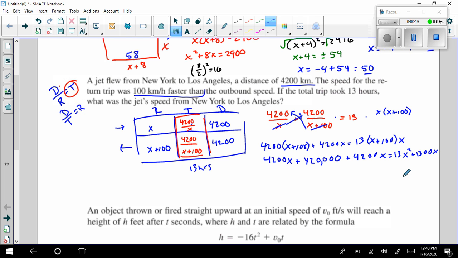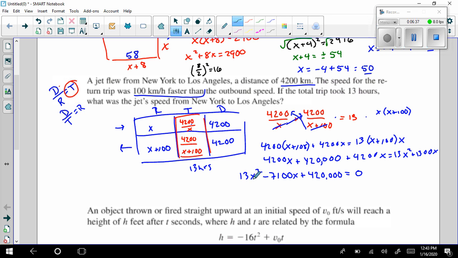And so we're going to solve this out as a quadratic. So 13x squared. Okay, so I moved everything to the right and then just flipped the equation, so my 13 would be positive.